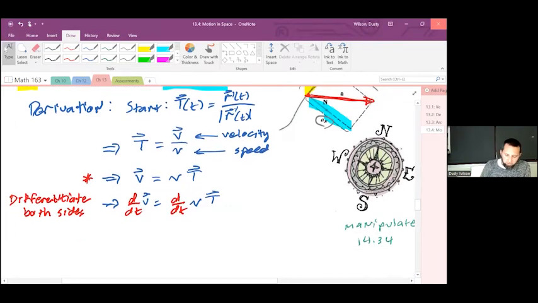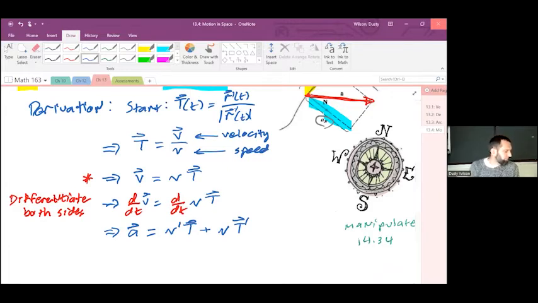Now on the left, the derivative of the velocity vector is the acceleration vector. On the right, we have a product, and so we have to use our product rule. So we will get the derivative of the speed times the unit tangent vector plus the speed times the tangent vector derivative.